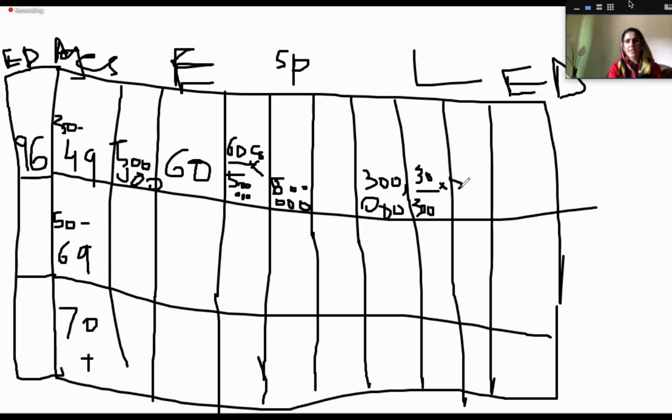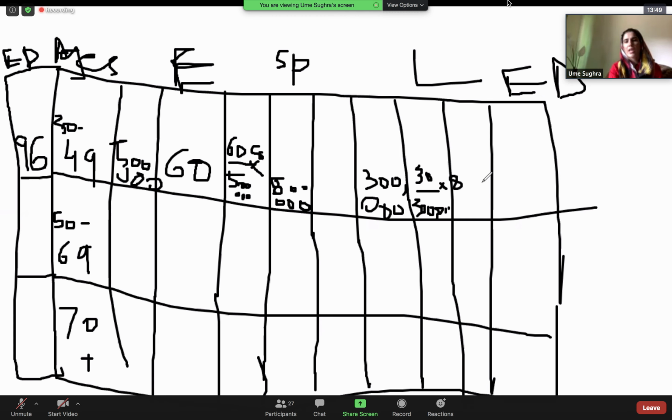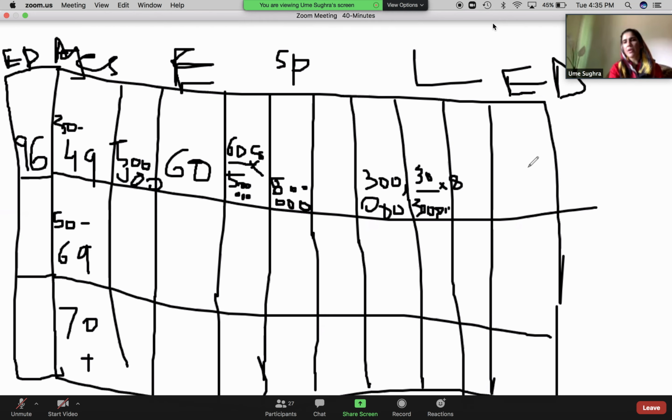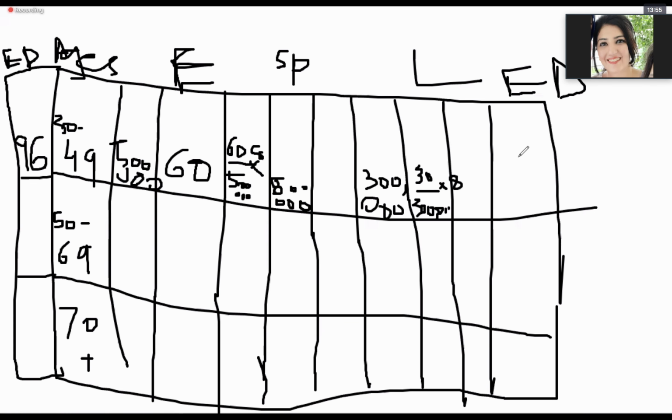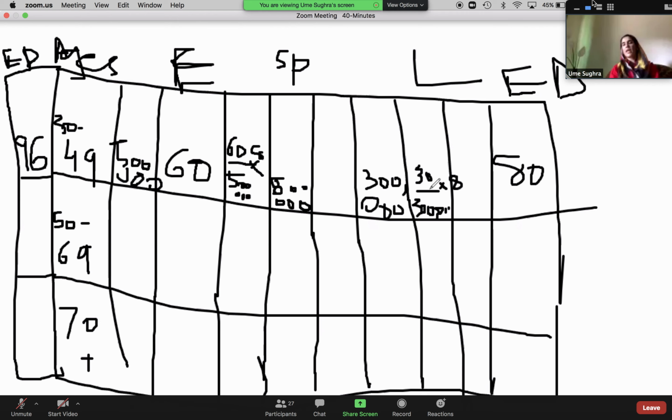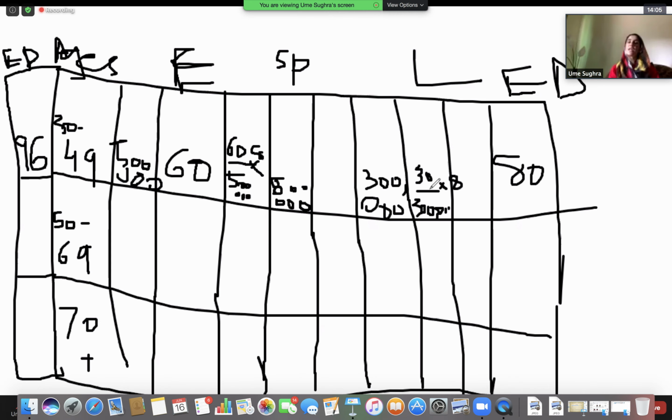Just because of the space I'm not writing the numbers completely, but you know that this is 800,000. So how many expected deaths? 80. Very well done. On this standard population of 800,000, the expected number of deaths that would have occurred is 80.